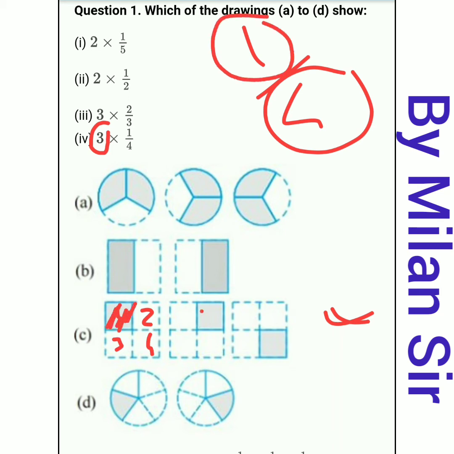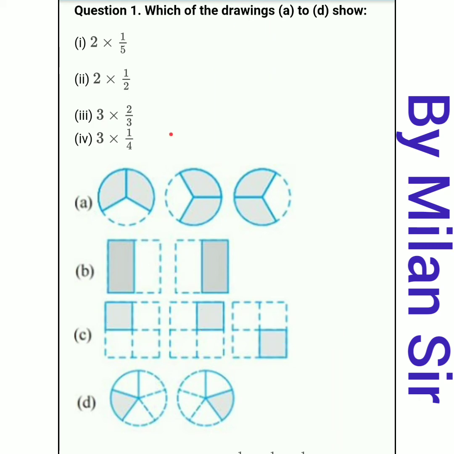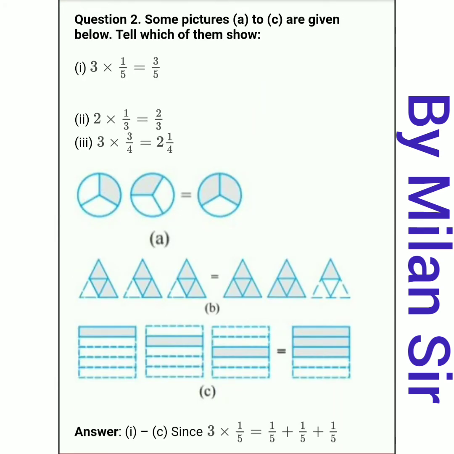So question number 4 is matched with option C. First we find the total number of figures from the integer, then look at the fraction. The denominator means the total number of parts in each figure, and the numerator means the number of parts shaded.